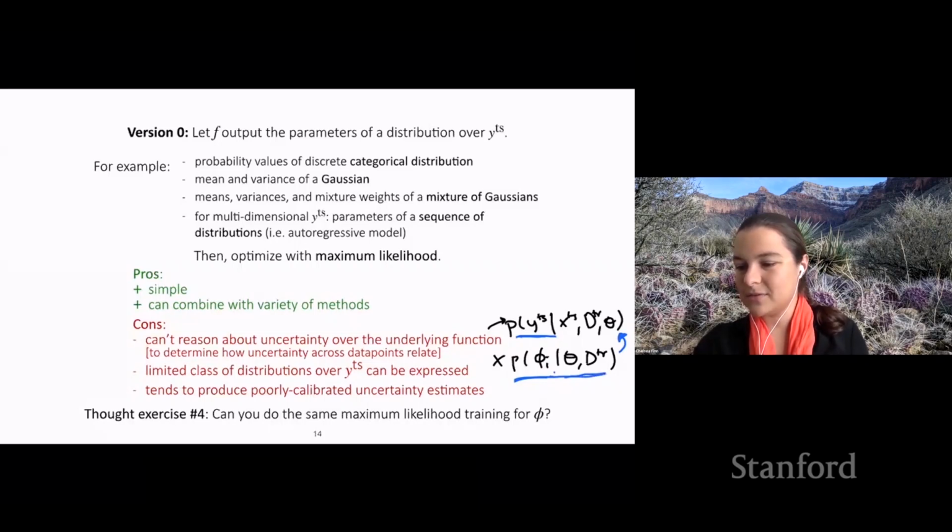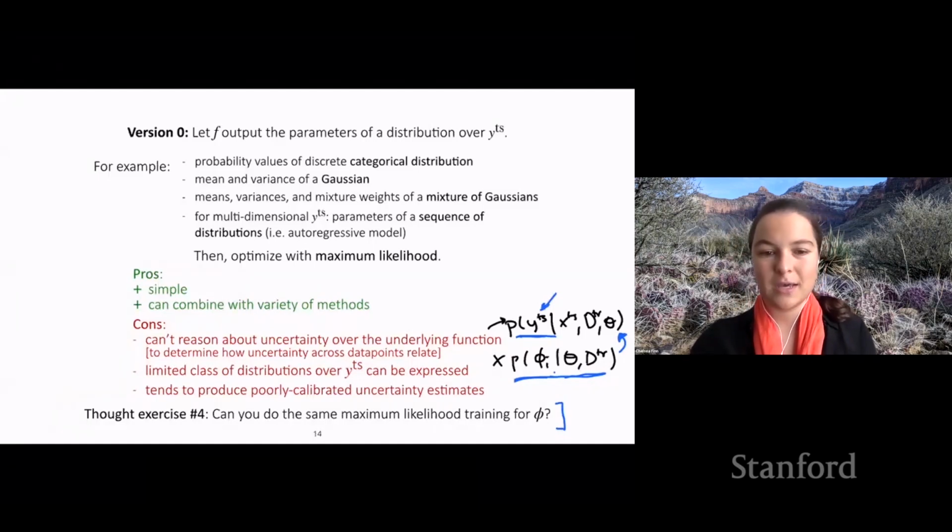And this leads to this thought exercise right here, which is that if we can do maximum likelihood training on this distribution right here, why can't we just do the same kind of maximum likelihood training for this latter distribution here? Any thoughts on why or why not?